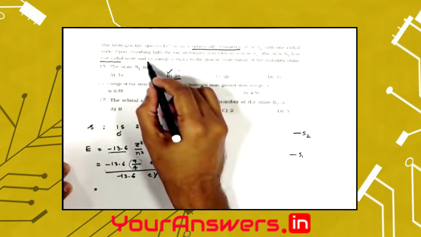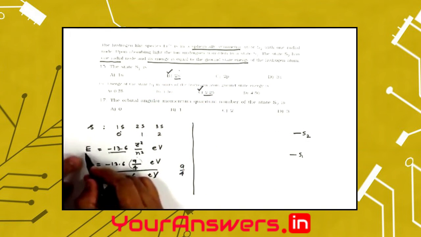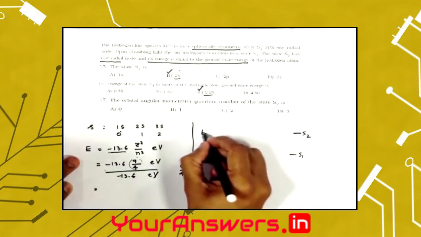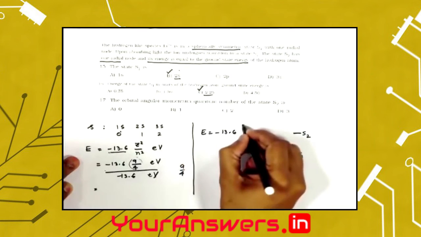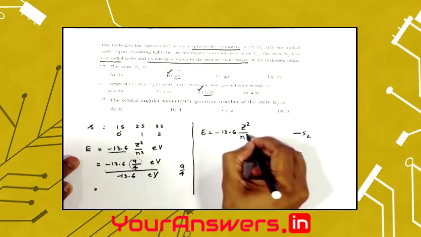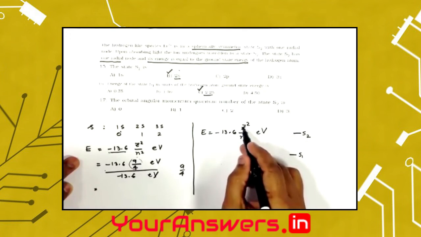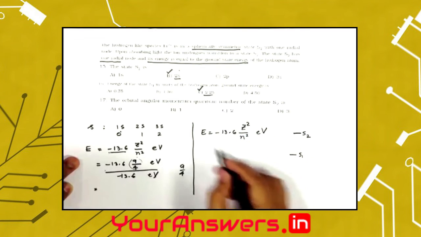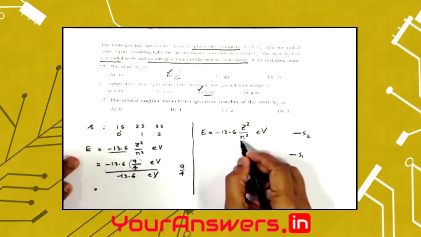The other is that its energy is equal to the ground state energy. If I want to find the energy of S2, this energy is again minus 13.6 Z square by n square in units of electron volt. Z is 3 for lithium 2 plus, so this quantity is 9, and this energy for S2 is equivalent to the energy of the hydrogen atom ground state.